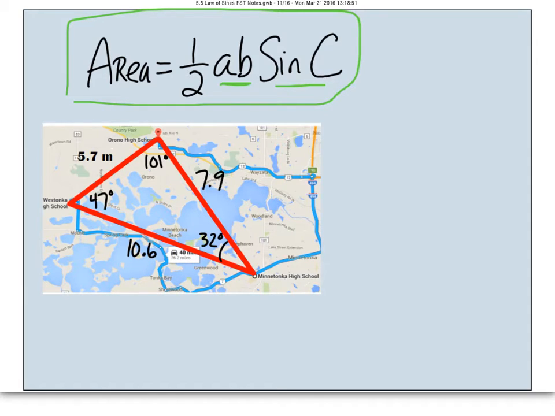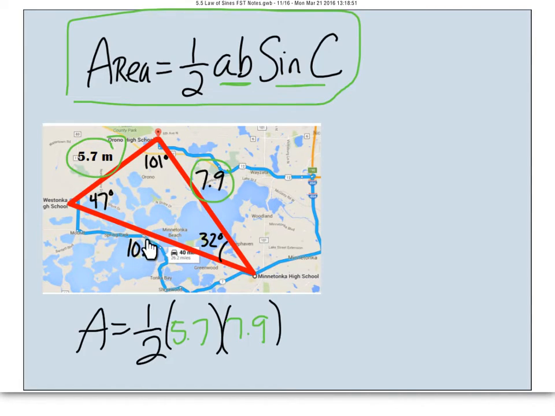So here's what I'm going to do. I'm going to do the area equals 1/2, and I'm going to choose to use these two measurements as my sides A and B. So I'm going to put 5.7 and 7.9. Now this is side C, which is this angle C right here.